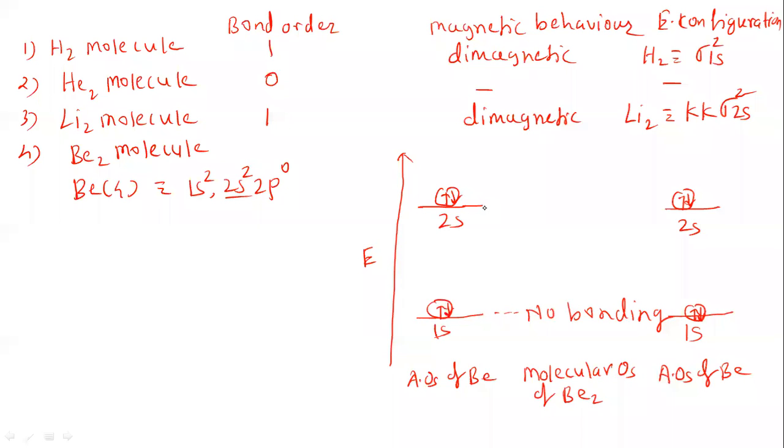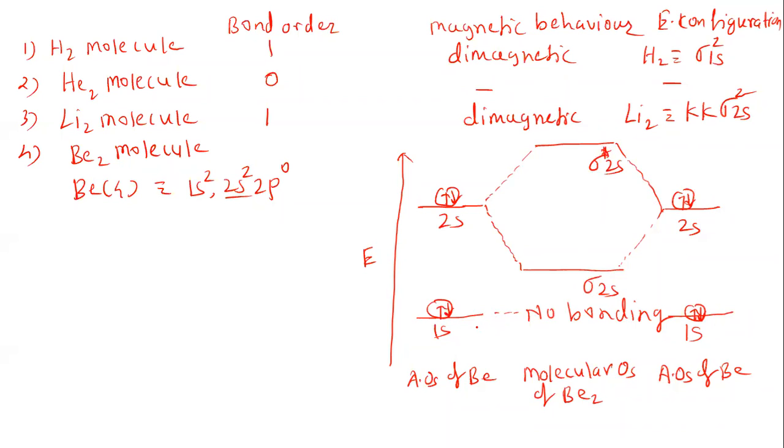Now the 2s atomic orbital of one beryllium atom overlaps with the 2s atomic orbital of the other beryllium atom. There is a formation of one bonding and one anti-bonding molecular orbital, that is the sigma 2s bonding molecular orbital and the sigma star 2s anti-bonding molecular orbital.